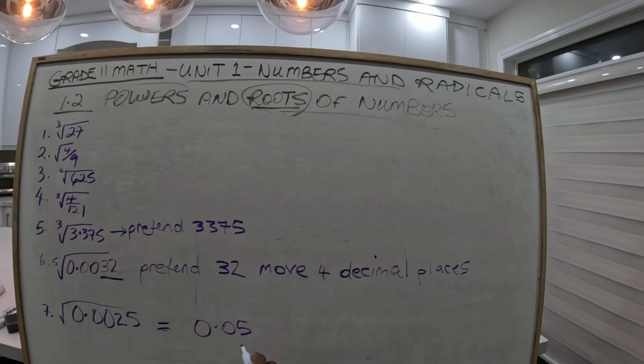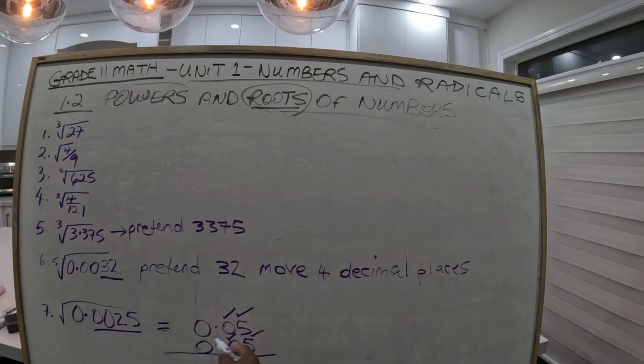Remember your math that whenever you're multiplying a number by a decimal, the amount of decimal places that you have here, so we have 1, 2, 3, 4. That's the reason why it's 4 decimal places.